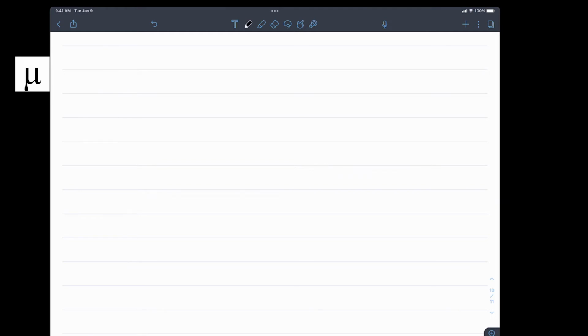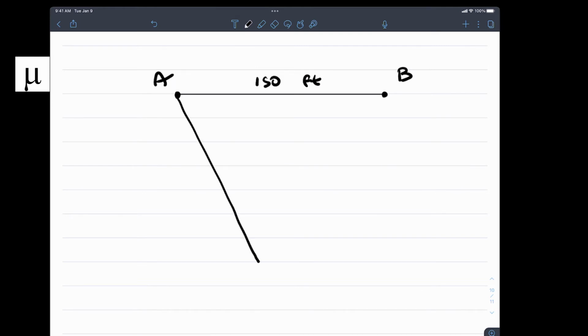Okay. So I'm going to do something like this. Over here, A and B. Let's say this is 150 feet. Okay, and this is going to be C. 85 degrees, 55 degrees.